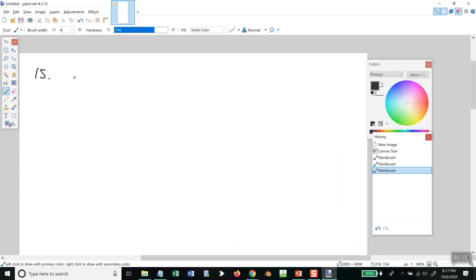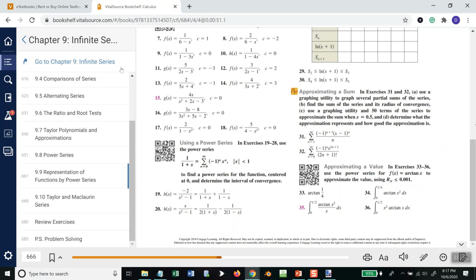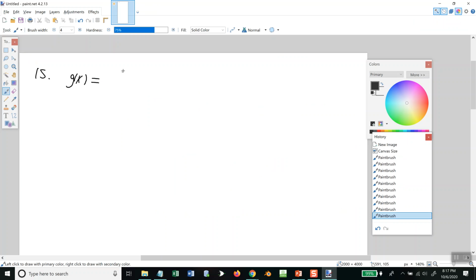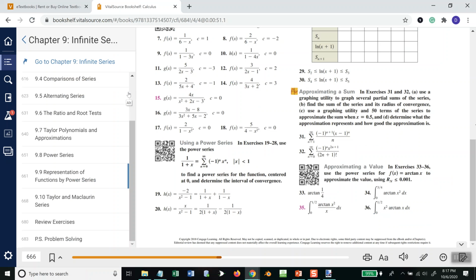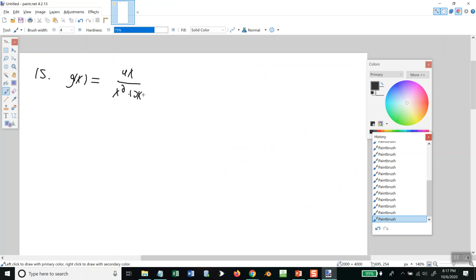G of x is equal to 4x over x squared plus 2x minus 3.